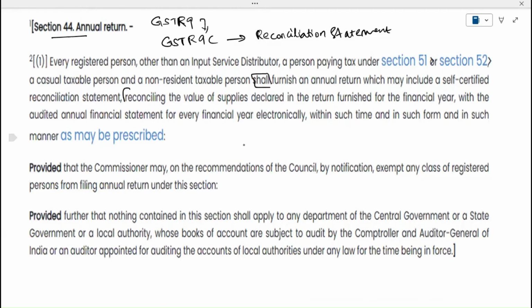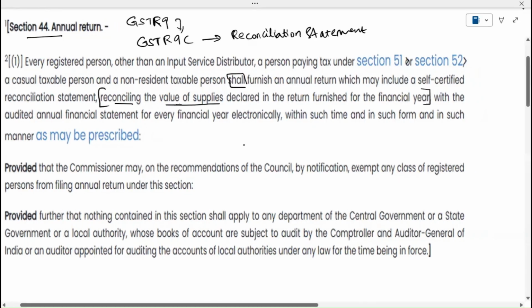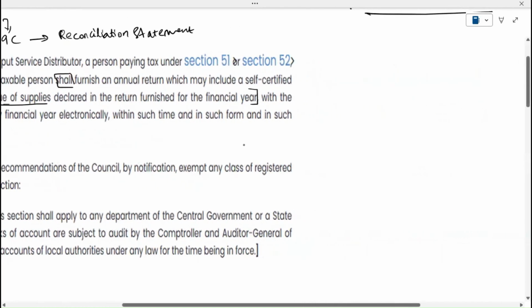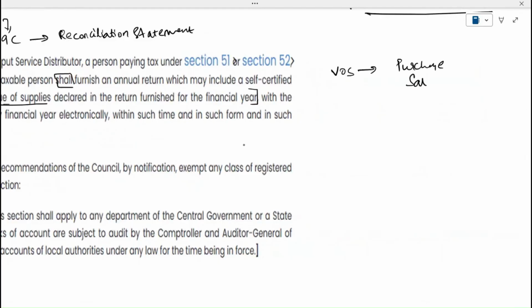For what? Reconciling the value of supplies declared in the return furnished for the financial year. They're saying reconcile the value of supplies. So when they say value of supplies, my value of supplies could be purchase, could be sale.